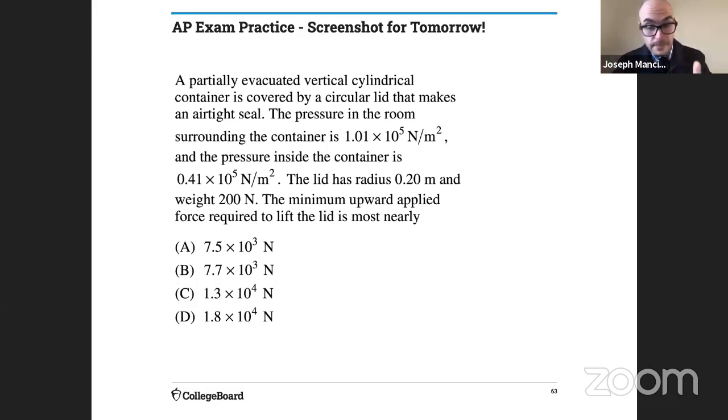And your hint is you're going to need to draw a free body diagram. You're going to need to show the forces exerted on this lid. If you draw the free body diagram really well, there should be 4 forces exerted on this lid, several of which you may never have thought of before.